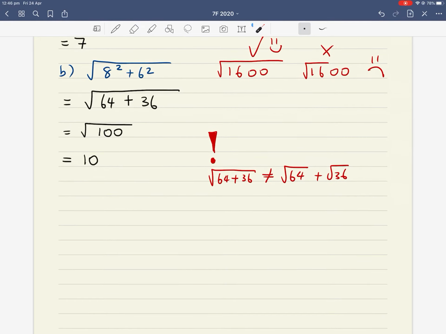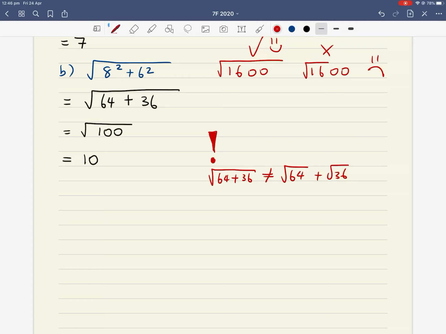Please do not split up your square roots. You get the wrong answer. So you cannot split a square root sum, and you cannot split a subtraction sum. You've got to add and subtract inside the square root first, and then you square root that result. So be careful on the exam.